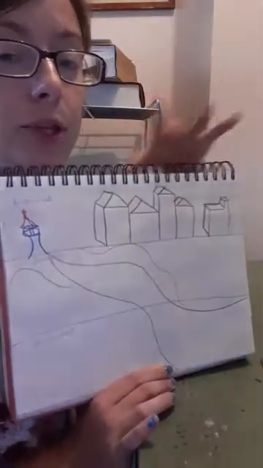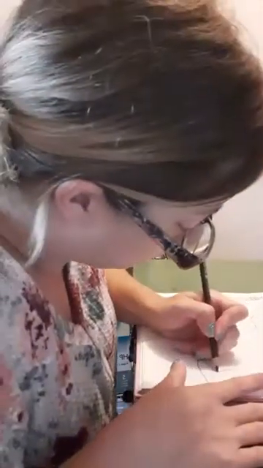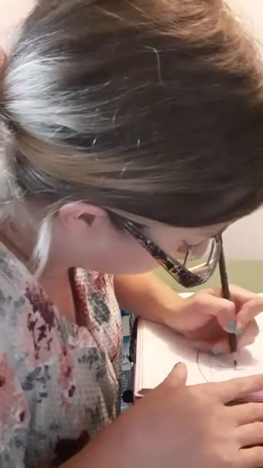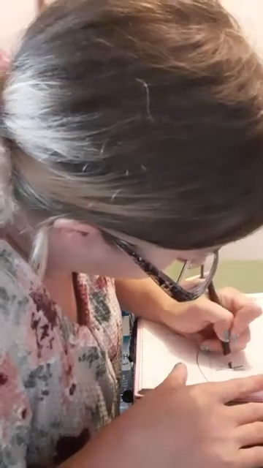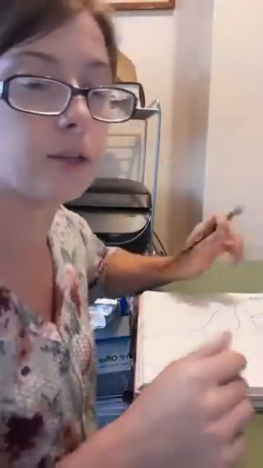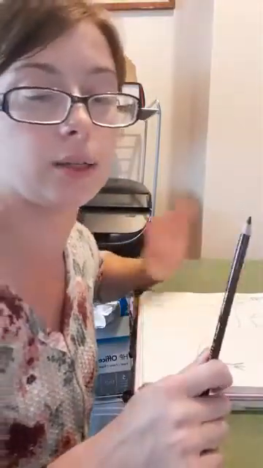I'm going to add some trees. I've got a nice brown to be the bark of the tree. I like to work with the same color until I'm done with that color. That just streamlines the drawing process.